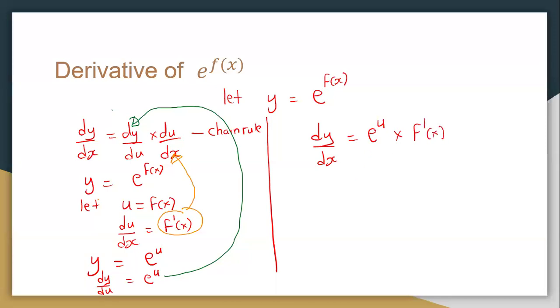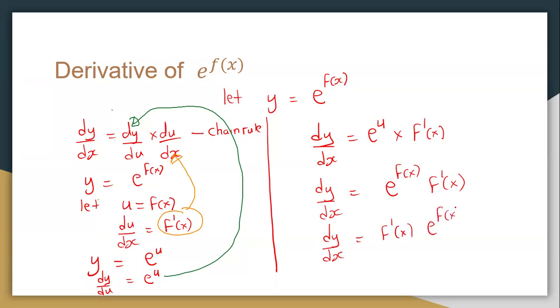When we substitute back e^u, dy/dx equals e^f(x) times f'(x). I can rearrange it and write it as f'(x) e^f(x). And this is what we call the derivative of the exponential function.